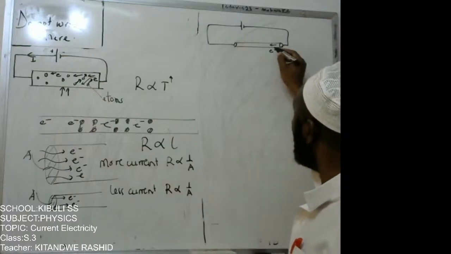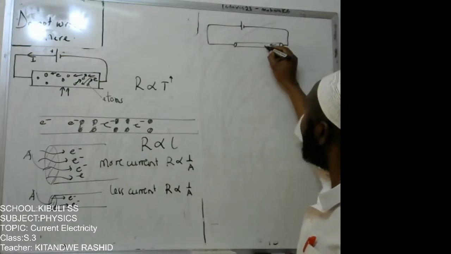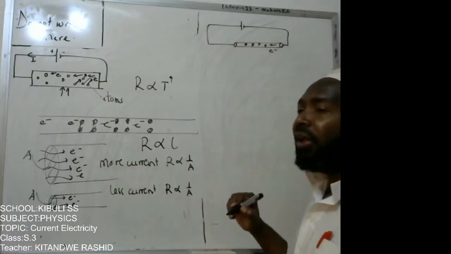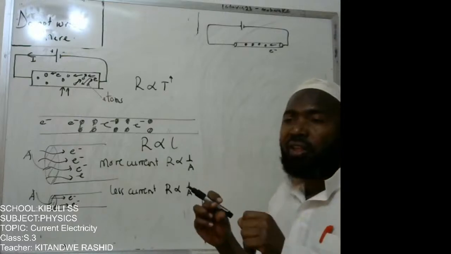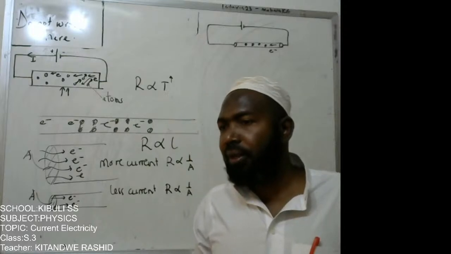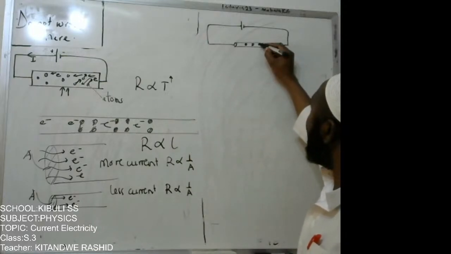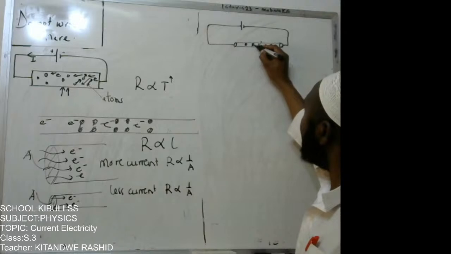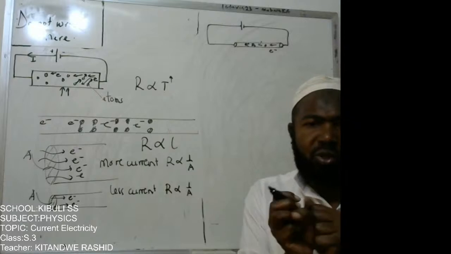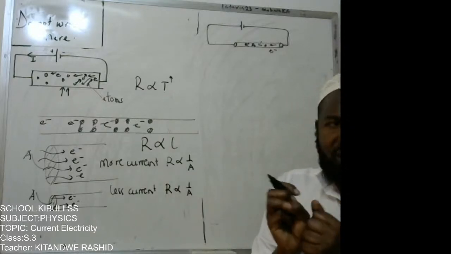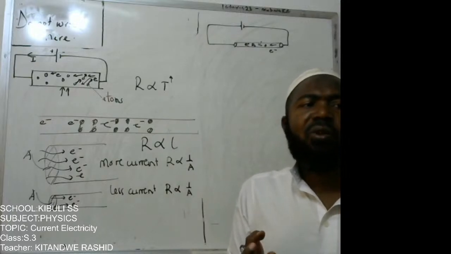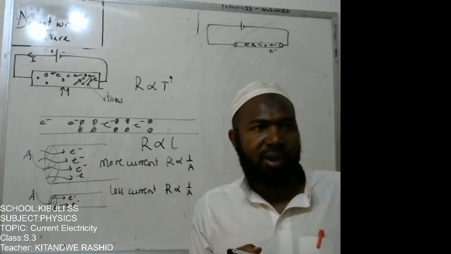The kinetic energy of these electrons collides with atoms of the conductor, and in the process of collision, they give out some of the kinetic energy to the metal atoms. So these metal atoms start vibrating to and fro. In the course of vibration, they collide with one another, causing friction amongst themselves, and that means there is an increase in temperature, and therefore the wire becomes hot.